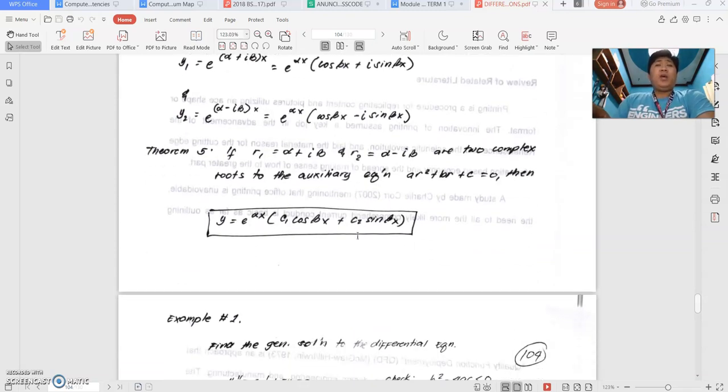This way, we come to theorem number 5. In case number 3, theorem 5 is very applicable. This is how you get your general solution.